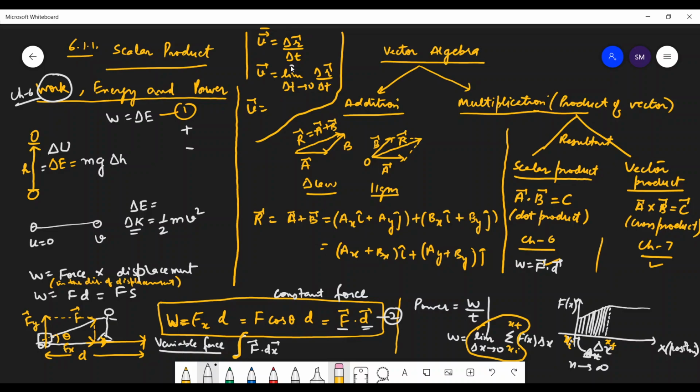The same I'm doing here for the integration of f dot dx.